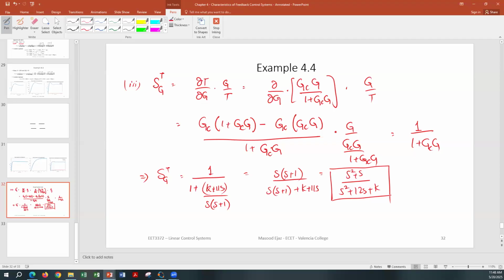That's the expression for the sensitivity of the transfer function with the changes in the process. And the process depends, of course, well, K is the gain, the gain in the controller, not in the process, but it is there.